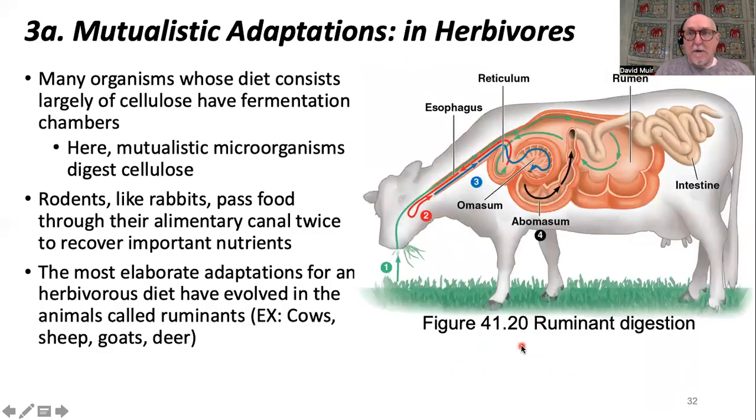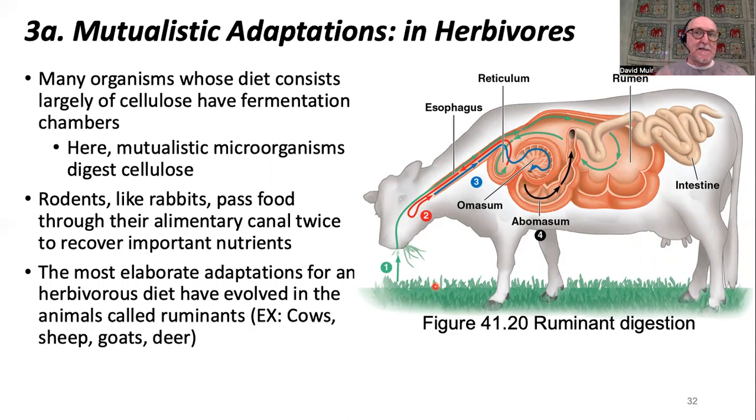Here is the structure of the digestive tract of the cow and of associated animals, which we call the ruminants. And they depend, of course, entirely upon plant matter for their nutrition. And they have several adaptations which extract the maximum amount of nutrition from that. They do have to eat a tremendous amount.